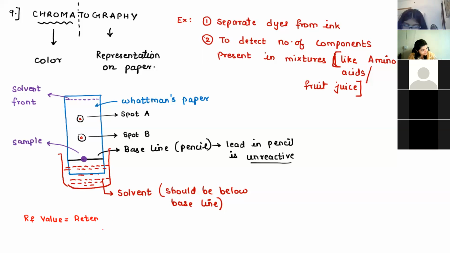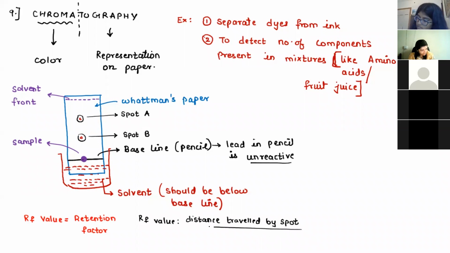The formula of RF value is the distance traveled by the spot divided by the distance traveled by the solvent.